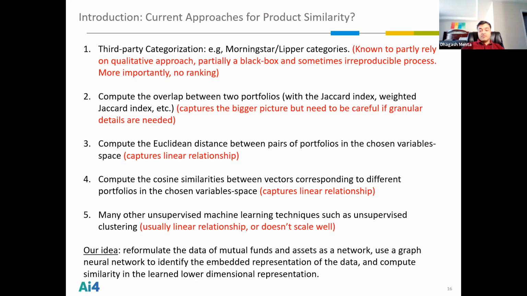Okay? And once you have that lower dimensional representation of this big high dimensional data, your definition of similarities and your Euclidean distance and many other things are much more well defined. It captures non-linearities, and all these problems are mitigated.